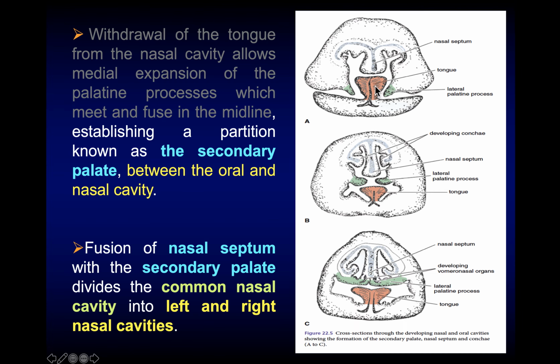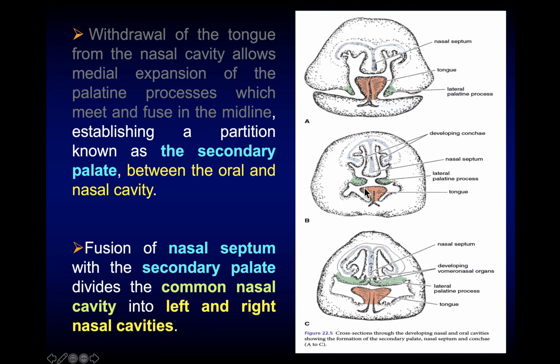With the development, the tongue will no longer be projected in the nasal cavity. We can see here this structure, which is the lateral palatine process. We have the right and the left. When the tongue is no more projected in the nasal cavity, this allows the expansion of these lateral palatine processes, and this will result in establishing two cavities.